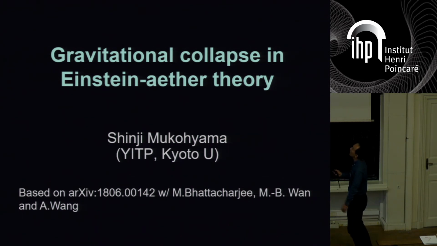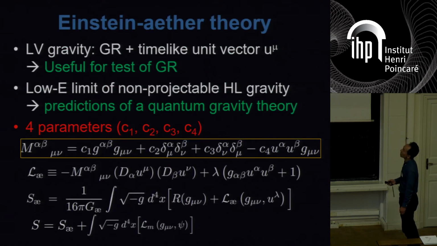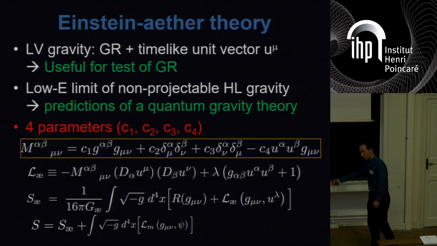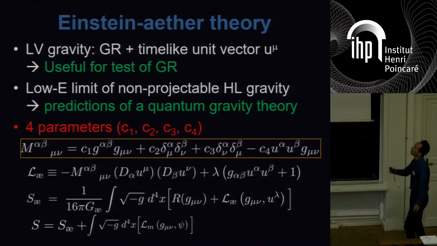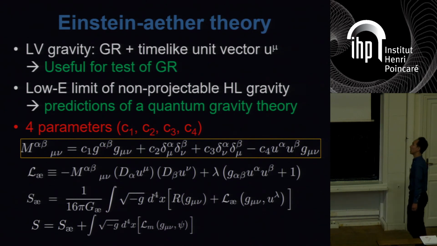So this is work done with those people about gravitational collapse in the Einstein ether theory. Einstein ether theory is a low energy limit of the non-projectable version of Horava-Lifshitz gravity. As I said, the renormalizability of Horava gravity was proved for the projectable case, but the non-projectable case may also be renormalizable, and the proof has not yet been done.